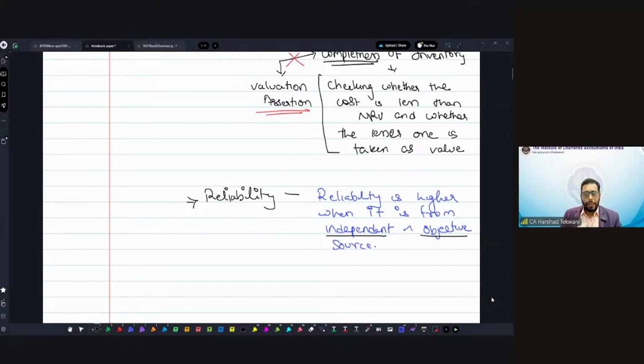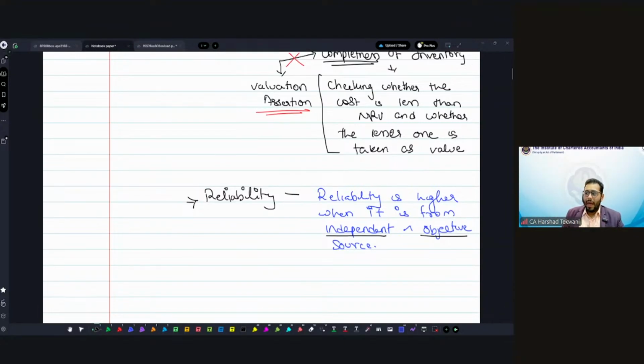Now the question is, what if the trade receivable is a wholly owned subsidiary of the company? Will you still say that these are reliable when the confirmation is coming from a wholly owned subsidiary, where the back office of the management of the parent entity and the wholly owned subsidiary is one?